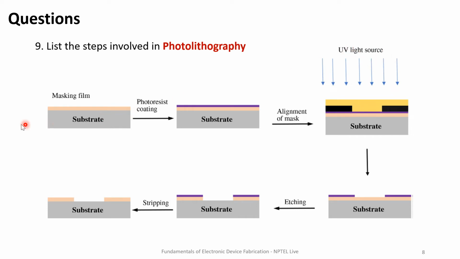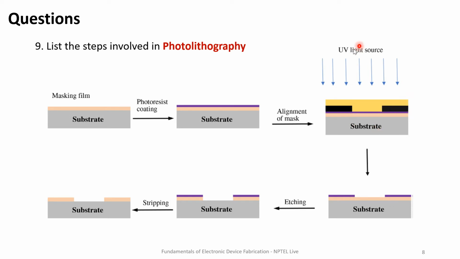So far what did we have? We prepared the surface of the substrate, then we applied the photoresist. After applying the photoresist, before aligning the mask, one more step is there. You will have to do a soft bake, that is, bake it at a very low temperature to dry the excess solvent present in the photoresist. After that, we will do the alignment and the exposure, that is, UV light will be given after aligning the mask.